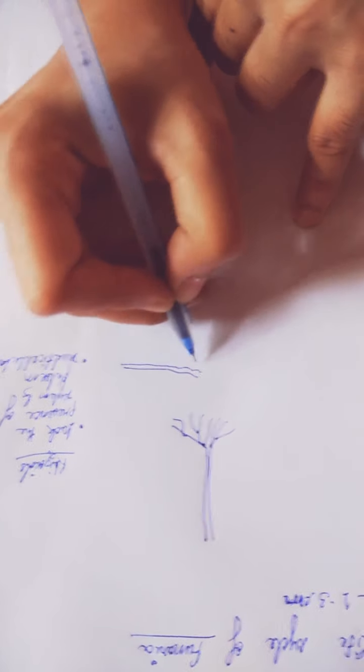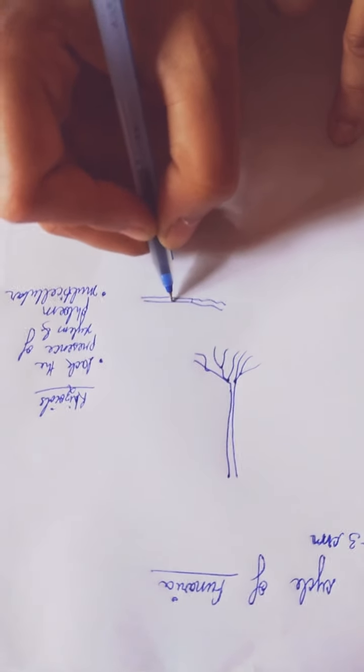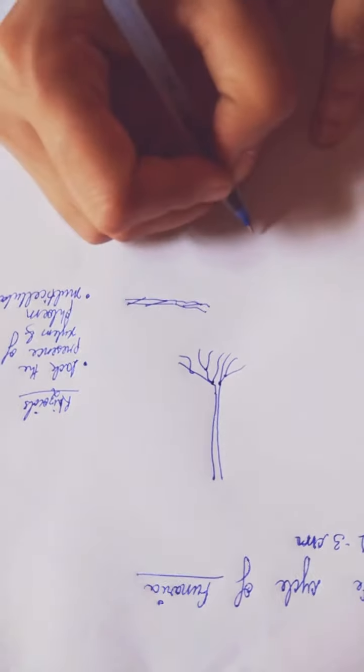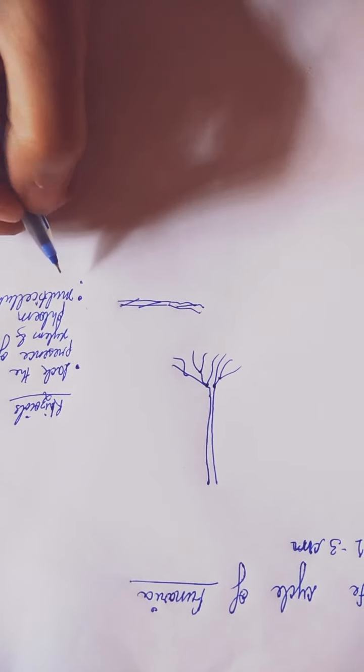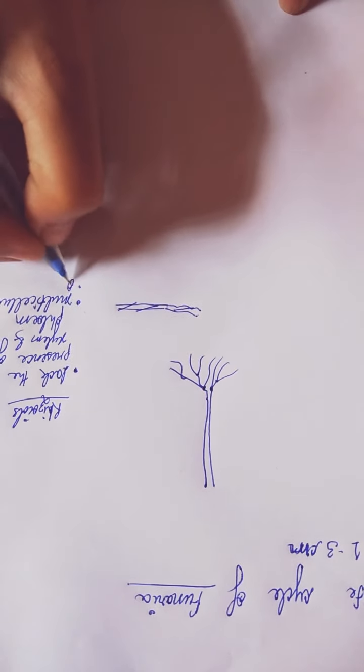Suppose this is the entire structure. Normally the cells are divided in a parallel condition, but here the cells are divided obliquely. So oblique division of the septum is there for the rhizoids.